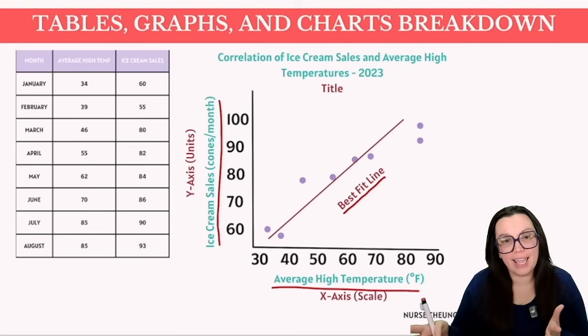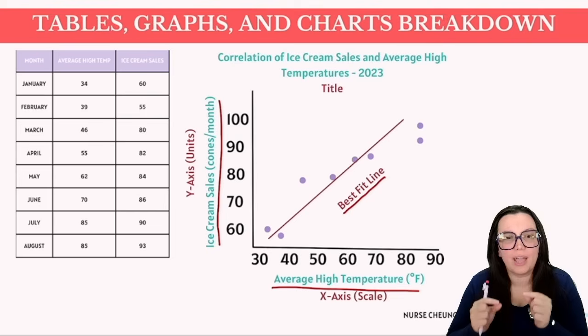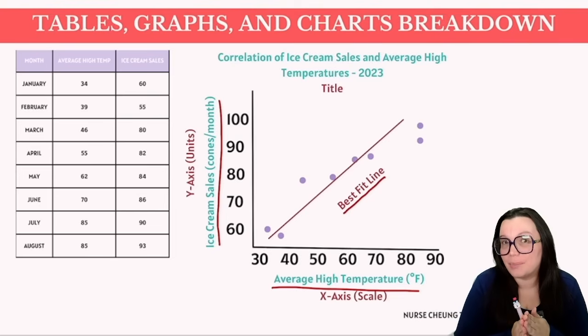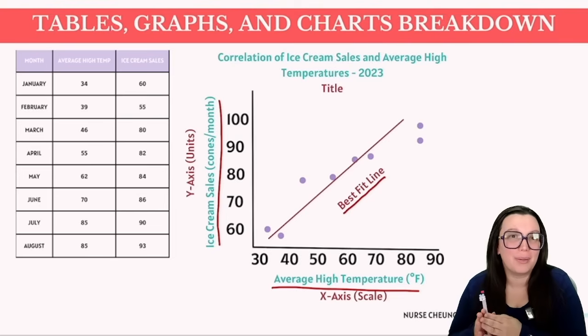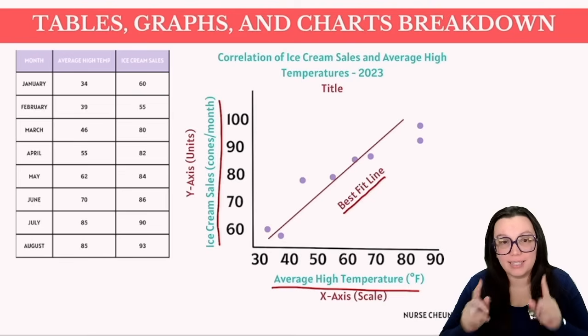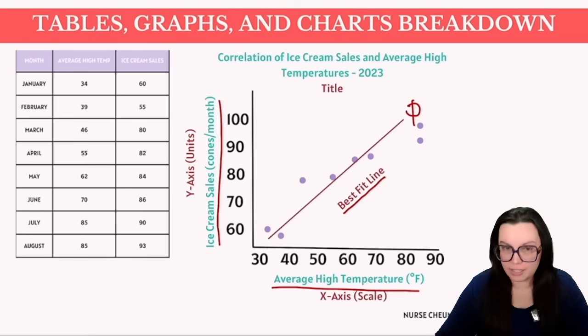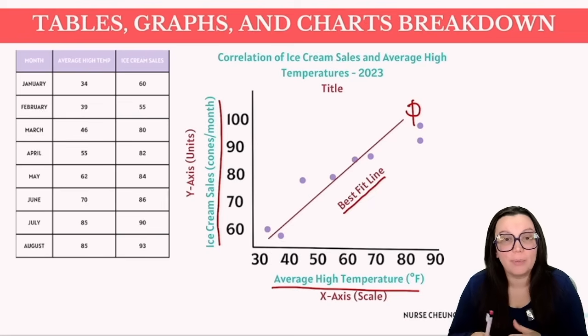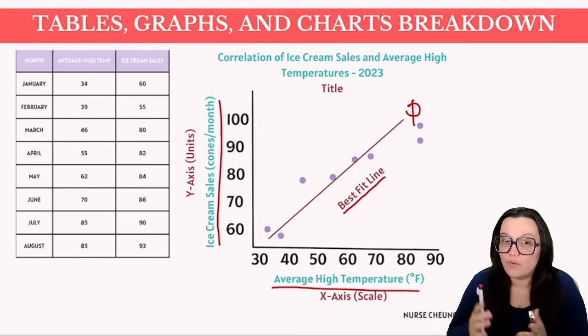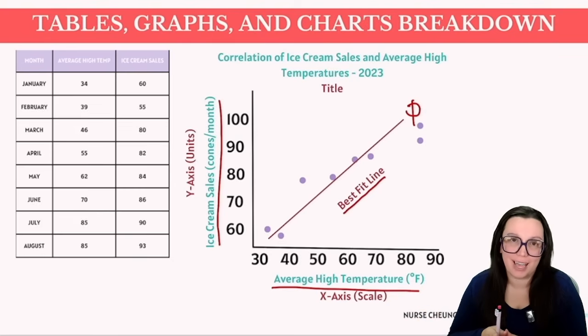When drawing it freehand, we aim to position it so that roughly half the points lie above it and the other half lie below it. Remember, this line should not go beyond our range of data as it represents interpolation within the existing data set. Avoid putting any kind of arrows or extending it past the outermost data points.